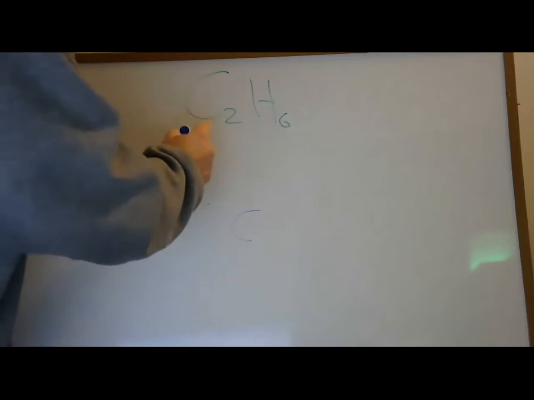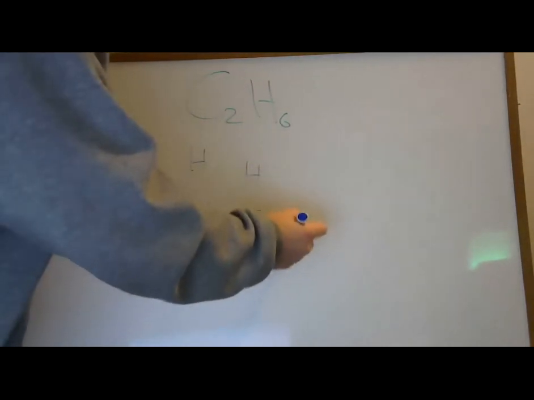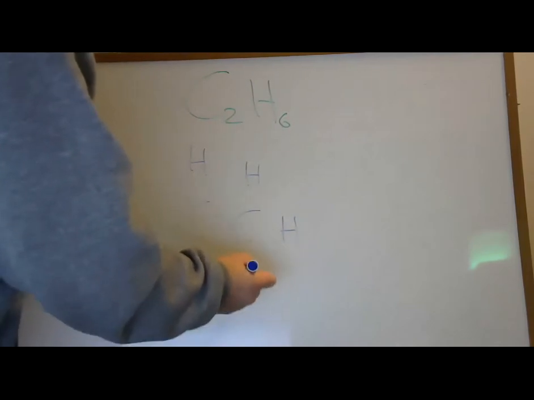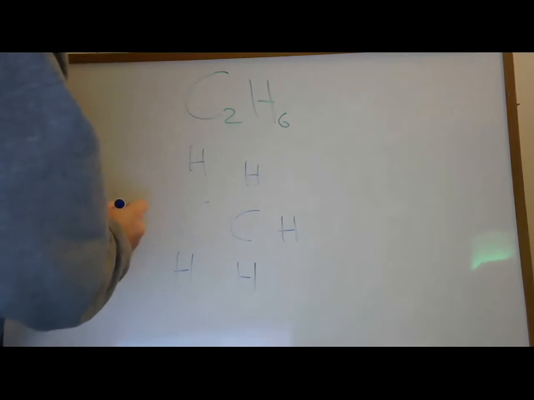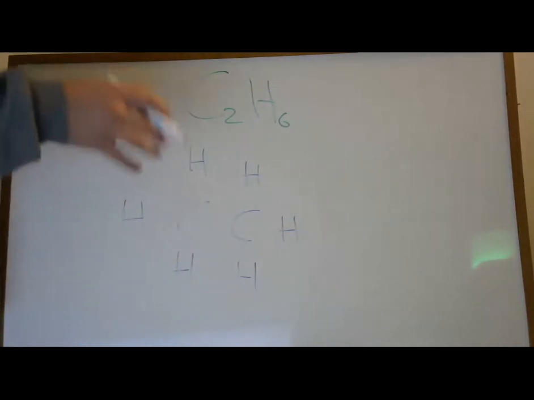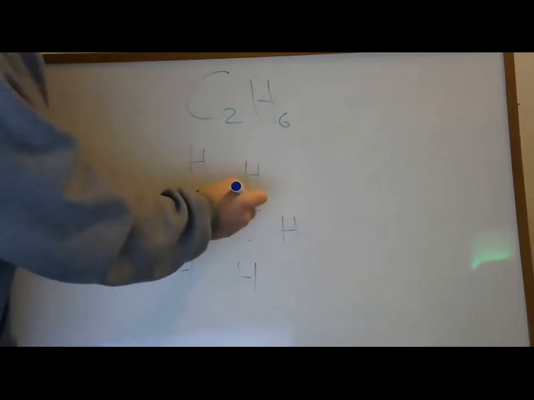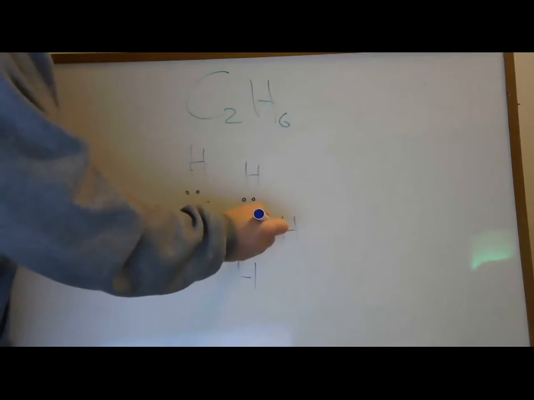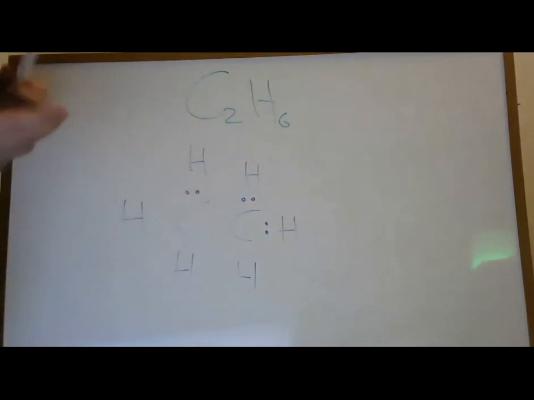So we then now put in the bonding pairs. Actually, first we find out how many valence electrons.